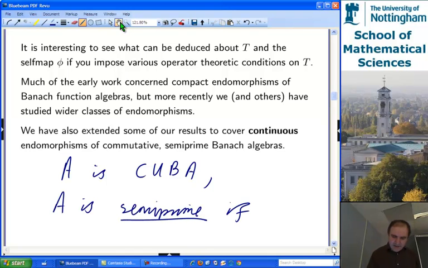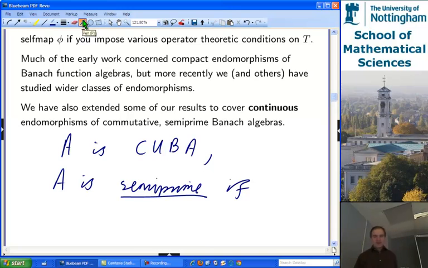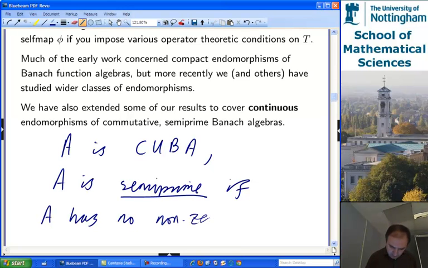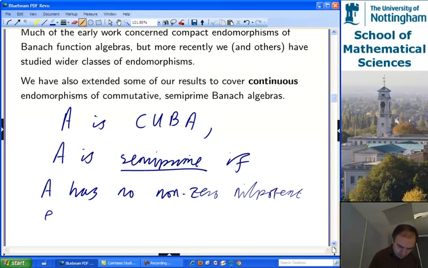Let's say, no non-zero nilpotent elements, that'll do. But I mean, you can do it with the nil radical, or you can do it with no nilpotent ideal. You can do it by ideals and so on. But for my purposes, what I need is no non-zero nilpotent elements.